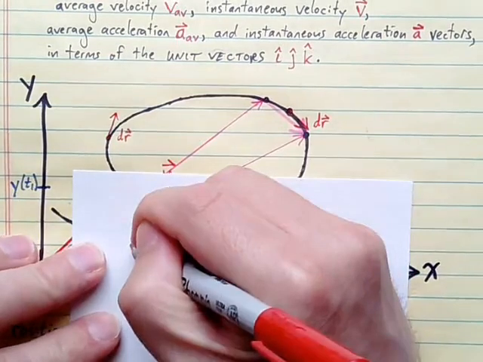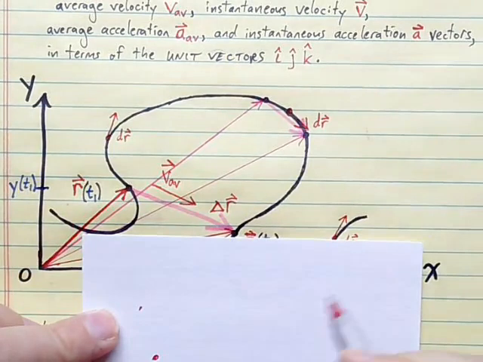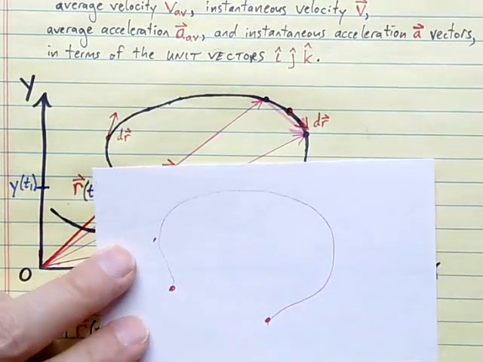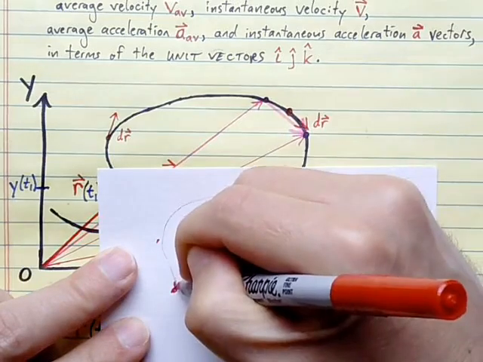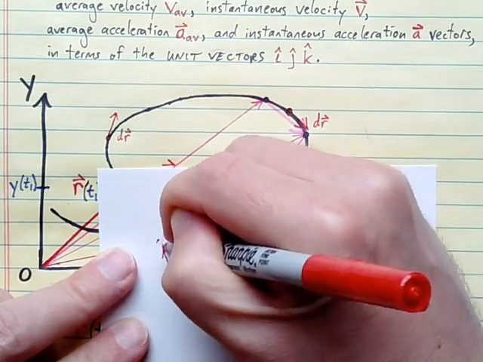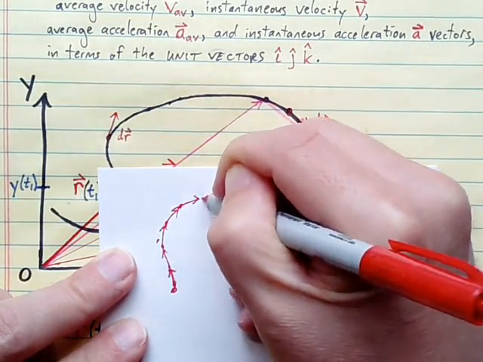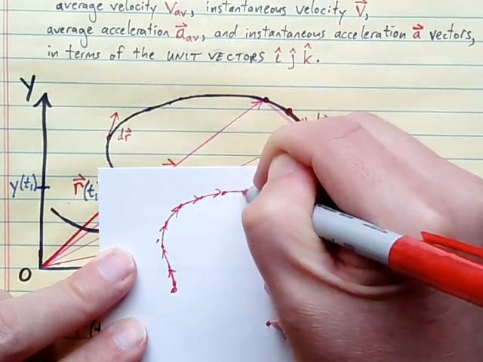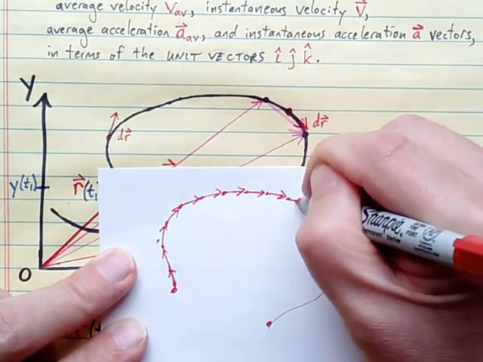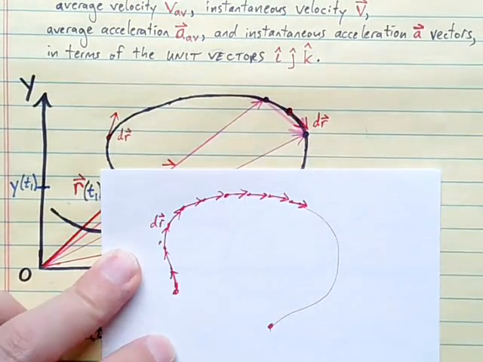If we have, starting from this moment and going to that moment, this path connecting them, at each moment along the path, there's a little dr vector, tangent to the path, then another dr, and another one. All these little drs, these infinitesimal little displacements, each one tangent to the path at the moment. It looks like what I'm doing is making a chain of all these little displacement vectors.